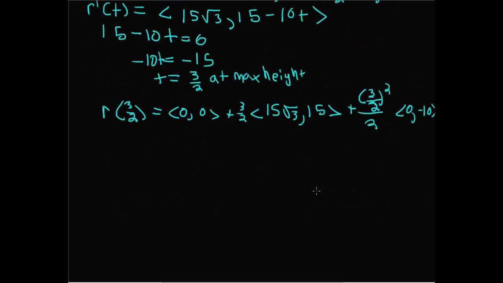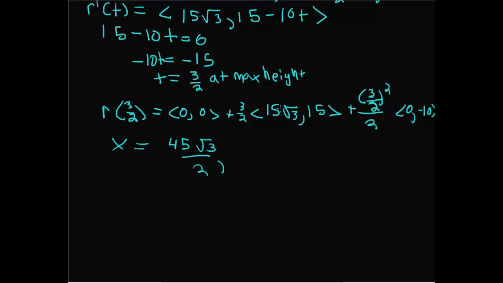Some calculations, we get the x component is equal to, well, 3 halves times 15 root 3 is just going to be 45 root 3 over 2, and it's not going to have an x acceleration.